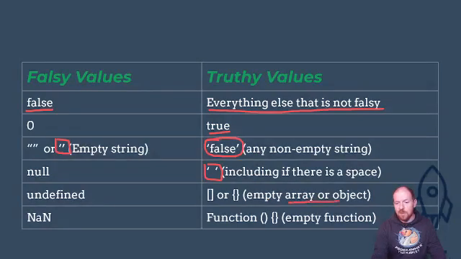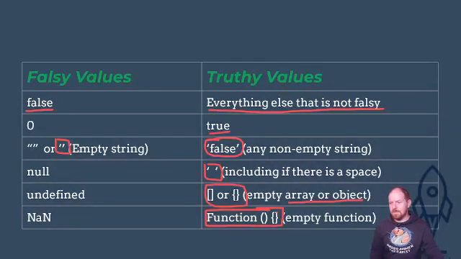We have not talked about arrays or objects. That's maybe next time. But if you see these symbols, even though they're empty, or a function that's empty, all of those still evaluate to true. So again, we'll talk about arrays, objects, and functions later, but the biggest thing here is these 6 things.